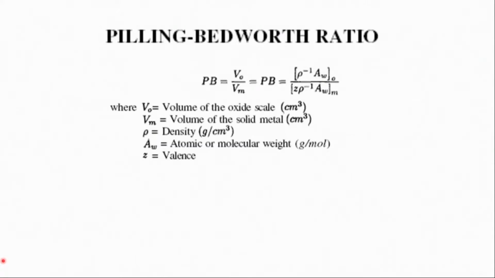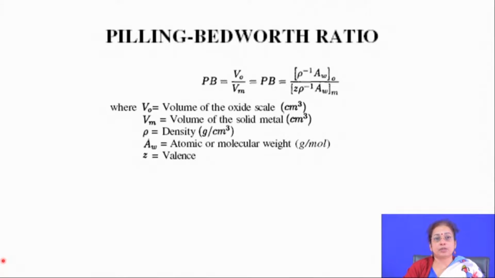Now let us quickly go through the typical parameters which influence the oxidation kinetics at a later stage. Initiation is controlled by the probability of formation of oxide, but for propagation, the first problem is that the oxide layer has a different thermal expansion coefficient compared to the pure metal.